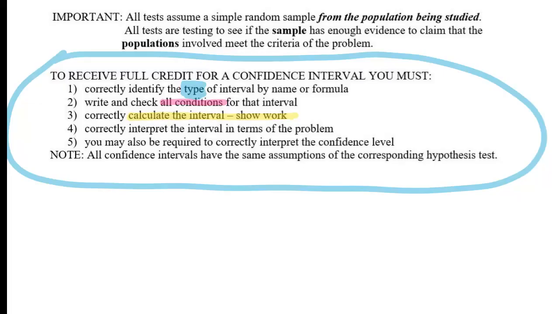Even if you use the calculator to actually find the interval, you want to show plugging into the formula the numbers from the problem. Then correctly interpret the interval in terms of the problem, and you may also be required to correctly interpret the confidence level. All confidence intervals have the same assumptions as the corresponding hypothesis tests.